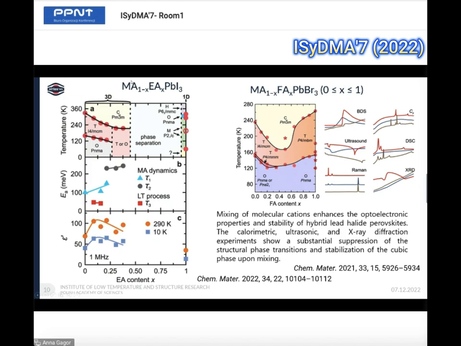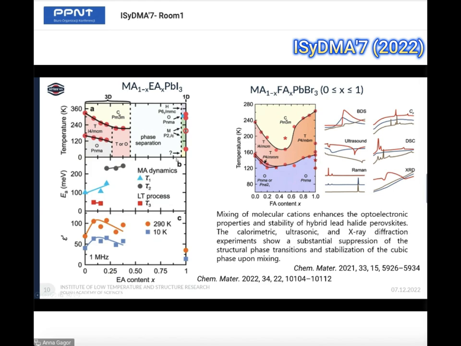Here I just show the phase diagrams for two different compositions. One for lead iodide, where we added another molecule, which is ethylamine. Ethylamine does not form a three-dimensional structure.